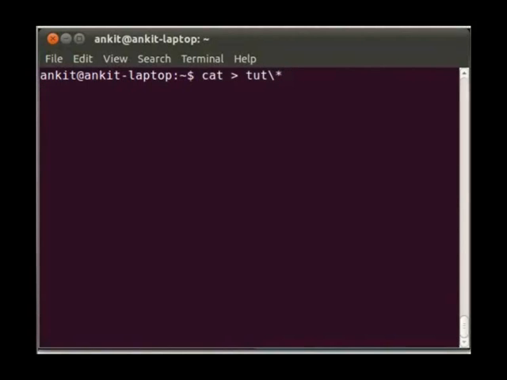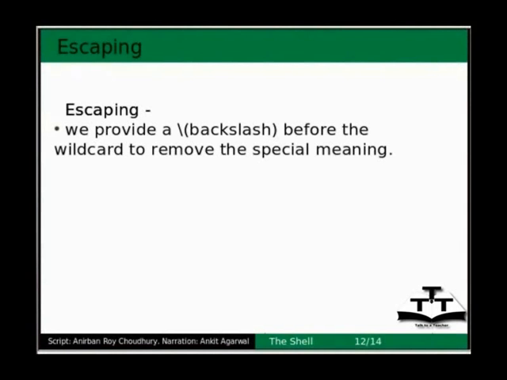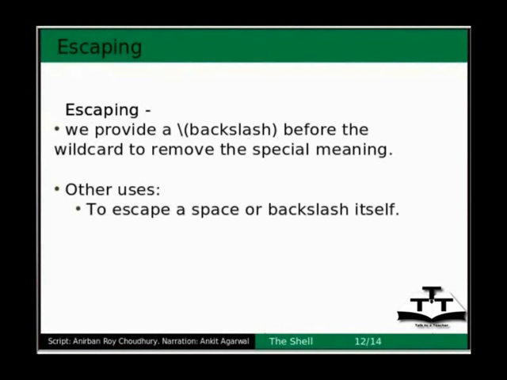Press enter and we can write something like, this is a demo file named tut star. Here the backslash causes the shell to treat star as any other ordinary character. Escaping can be useful for other uses as well. It can be used to escape a space and the backslash itself.